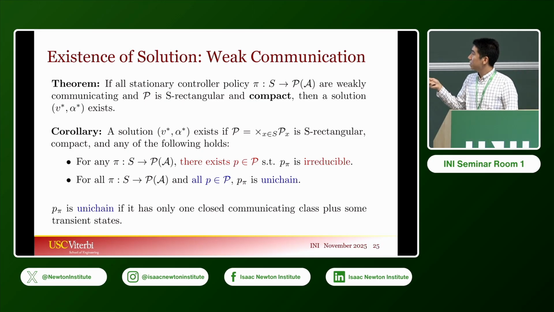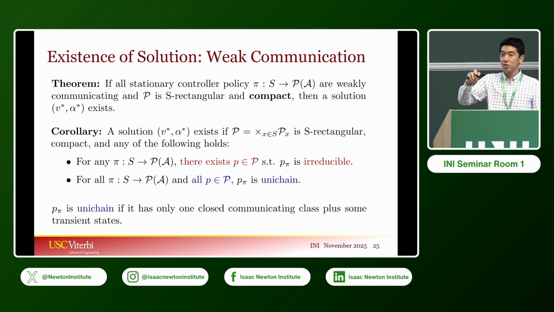So a solution exists if the set is S-rectangular, compact, and any of the following holds. First, if for any pi there exists a p such that by applying pi to this p, you get an irreducible kernel. The second one is that for all pi and all p, this P pi is unichain. So irreducibility is a stronger condition compared to unichain.